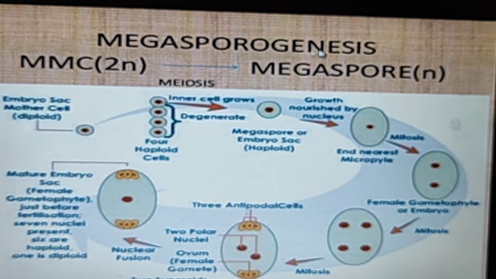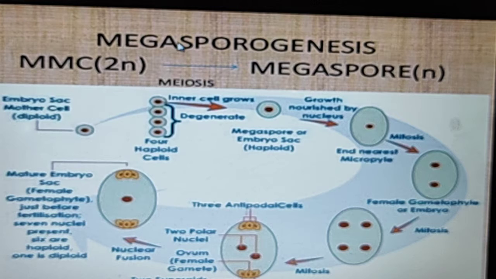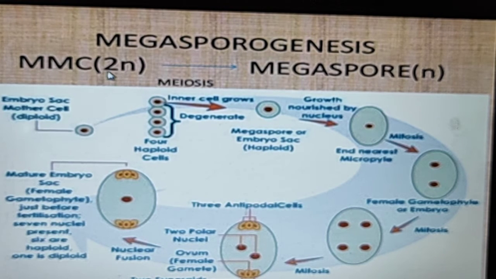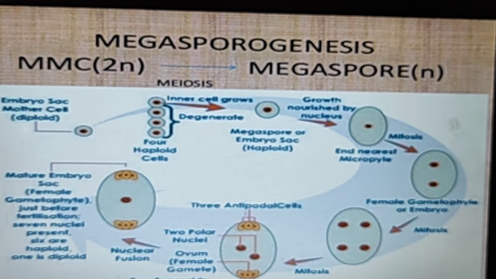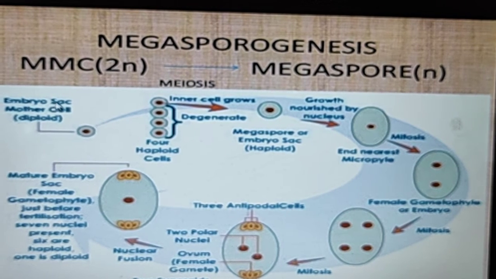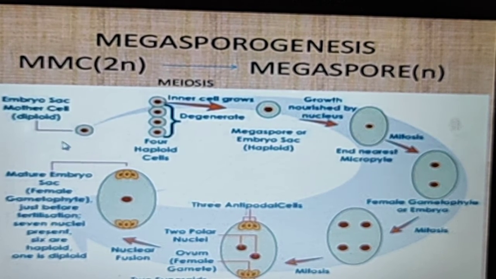Clear? So megasporogenesis: mega means big, sporogenesis is the formation of spores. The megaspore mother cell, MMC, undergoes meiosis and forms the megaspores. Now the embryo sac and the mother cell are in the diploid condition.